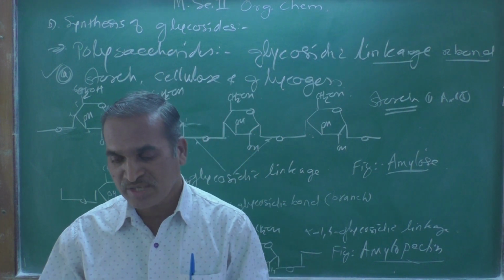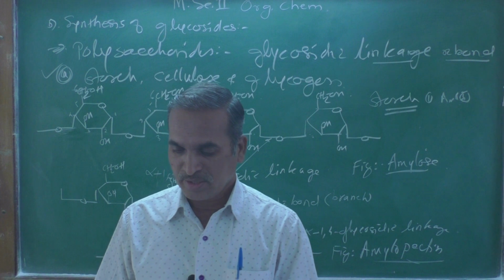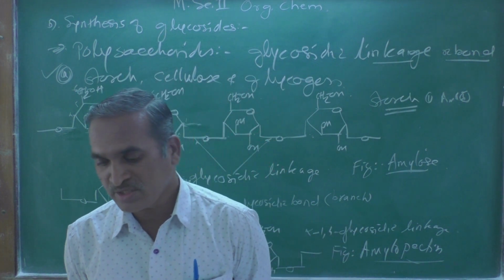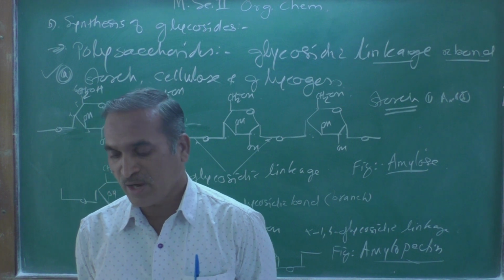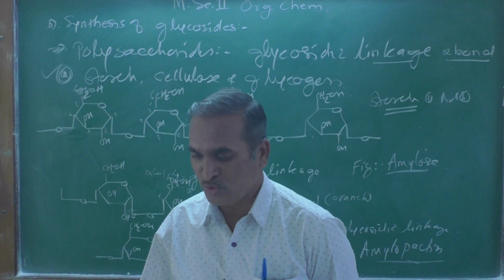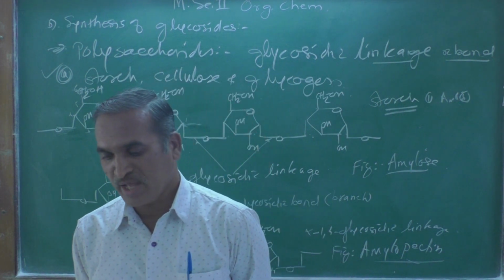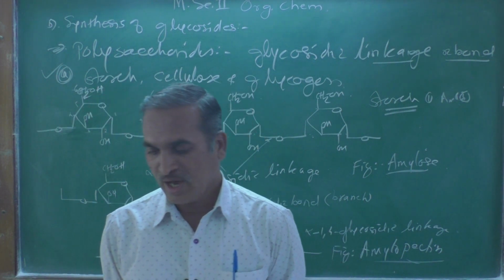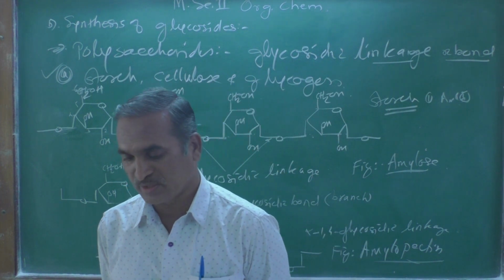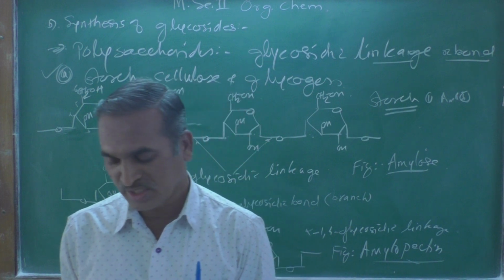It is a branched chain polysaccharide, and in amylopectin, chains are formed by alpha 1,4 glycosidic linkages between alpha glucose units, whereas branches are formed by alpha 1,6 glycosidic linkages. This is all about the glycosidic linkages.